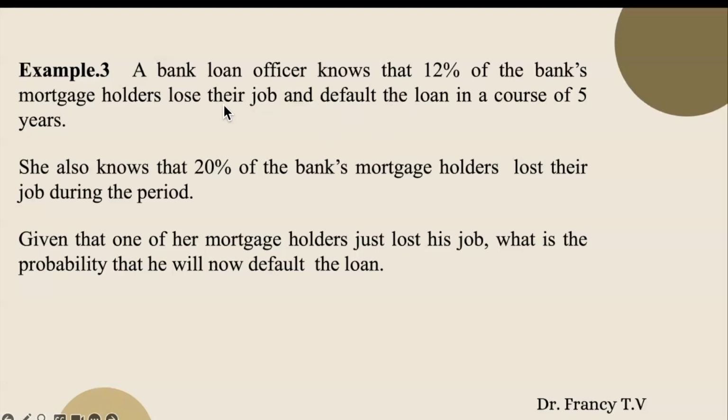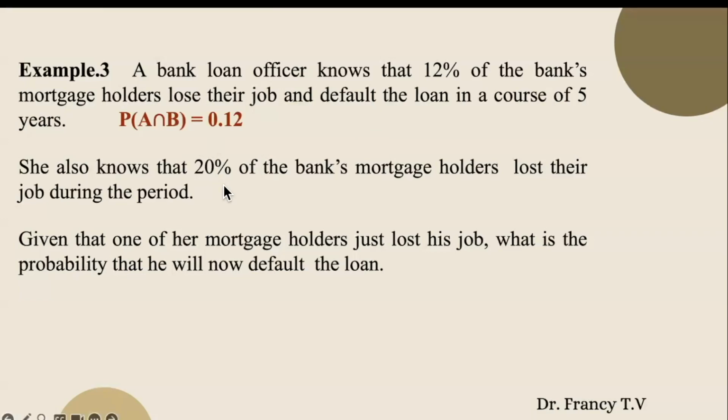Let us name the first event as A and the second event as B. So A is nothing but mortgage holders lose their job. B is they default the loan. So here you are given the probability for both. Probability that mortgage holders lose their job and default the loan. That means probability of A intersection B is given to you.